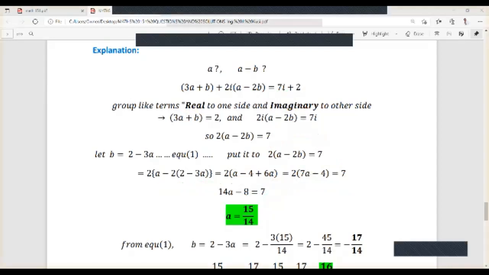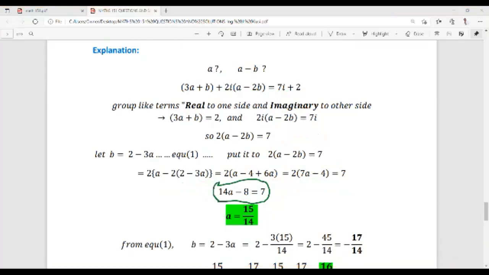Good. So now we have 14a minus 8 equals 7. When you get this, what can you do?